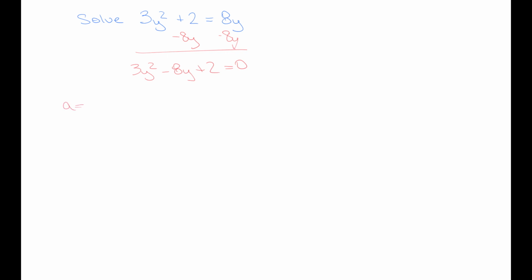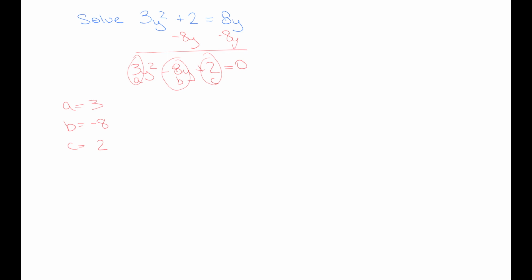It doesn't really matter what variable they use. So your a is going to be that 3, b would be the negative 8, and c would be the 2. So you can see where I'm getting the a, the b, and the c from.